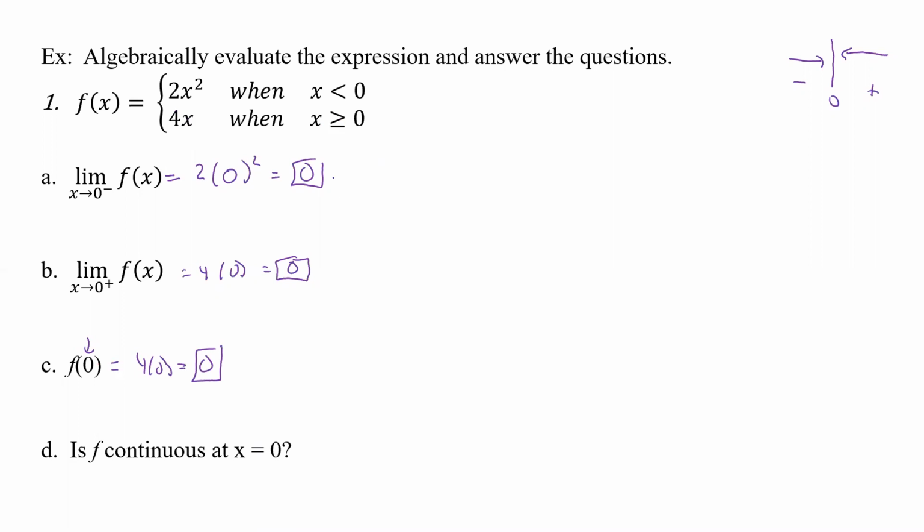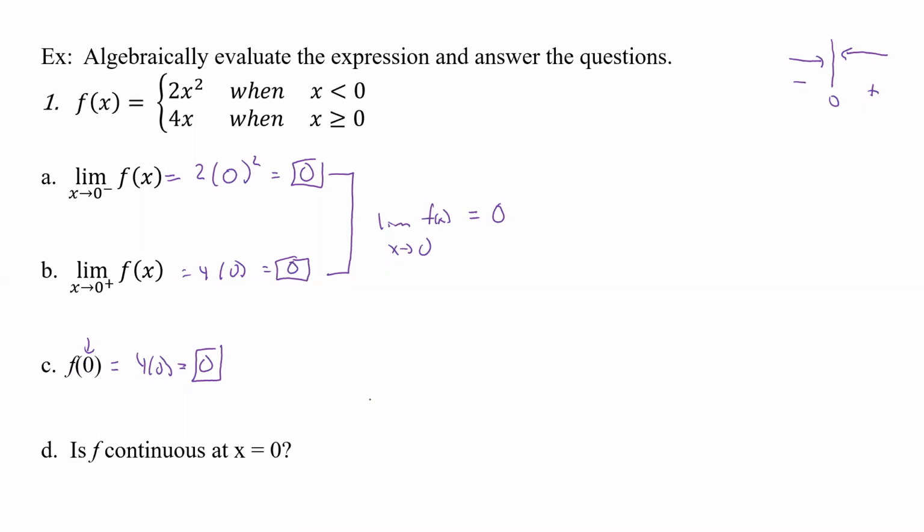And so we see that the limit of f of x as x approaches 0 is equal to 0. That's a key thing. And we see that f of 0 is equal to 0. So the limit exists, and it is equal to f of 0.